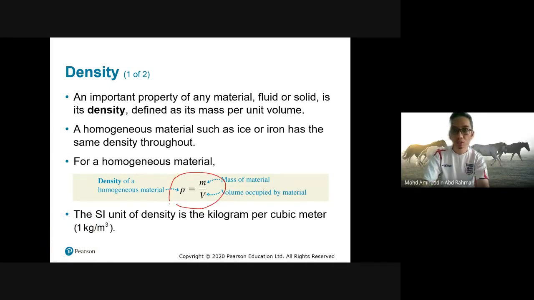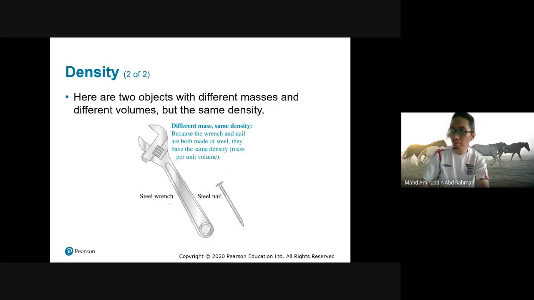Even though the mass of the steel wrench is larger, the nail's mass is lower, but its volume is also lower, compared to the volume of the wrench, which is bigger. So that's why we have a similar density for the nail and wrench.